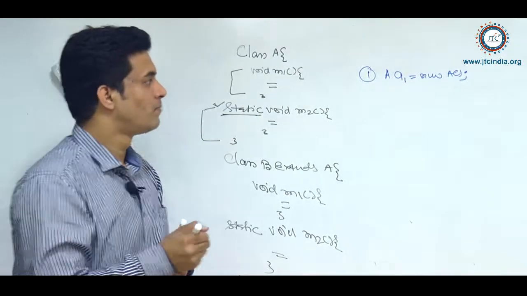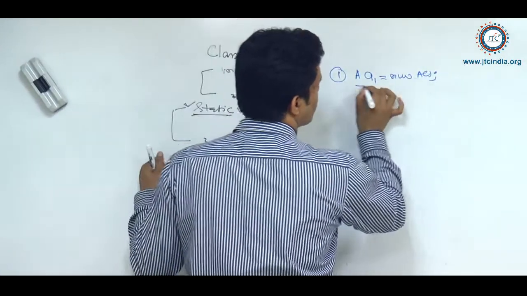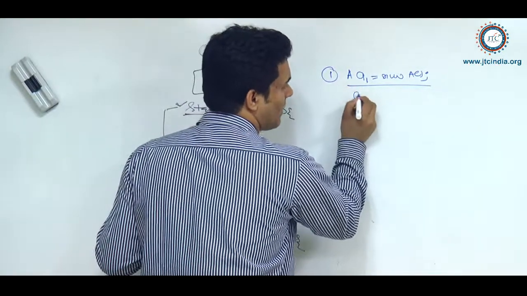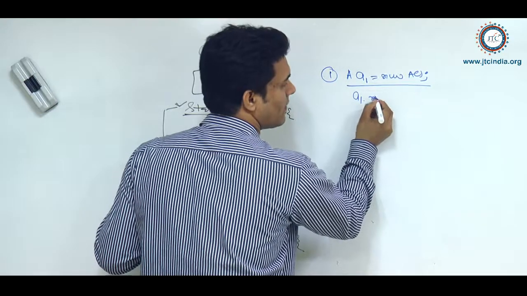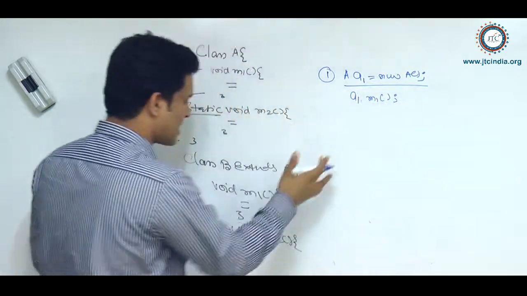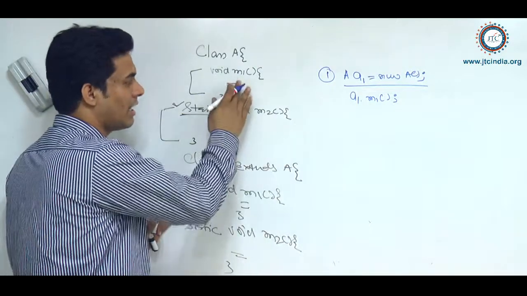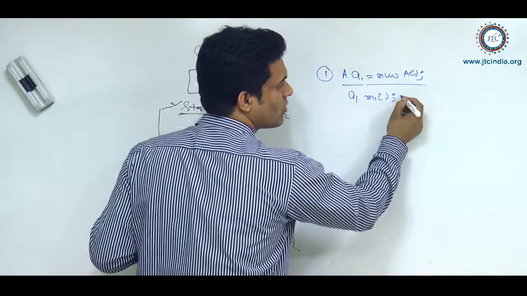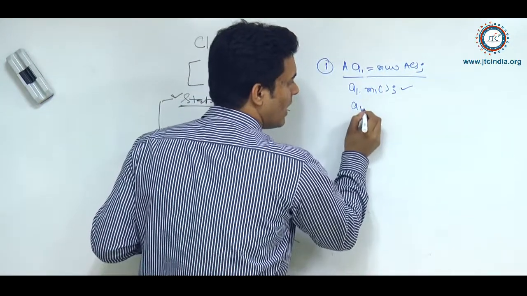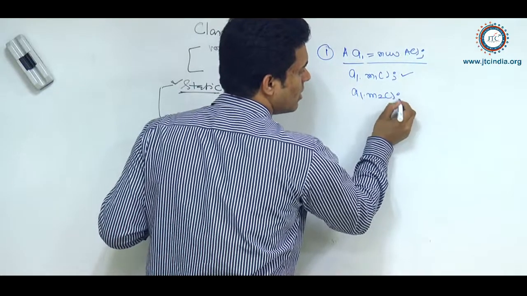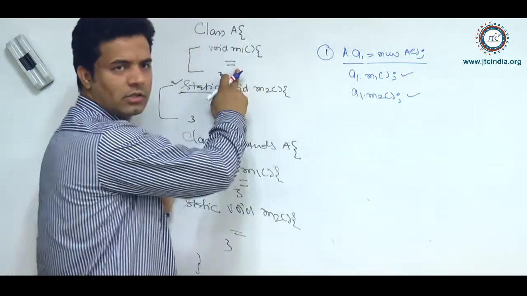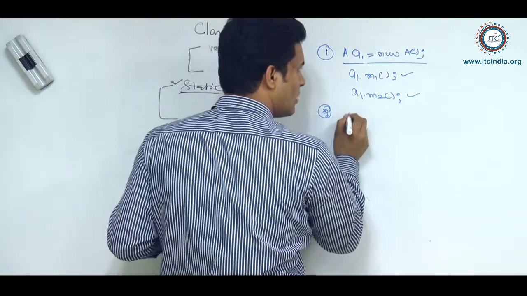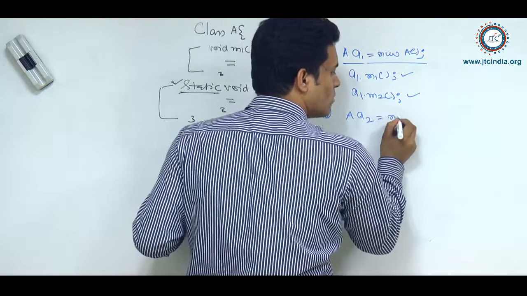If I call A1.M1, which class implementation will it call, class A or class B? A1 contains a class A object reference, so it is going to call the class A implementation itself. When I call A1.M2, it is also going to call the class A implementation.